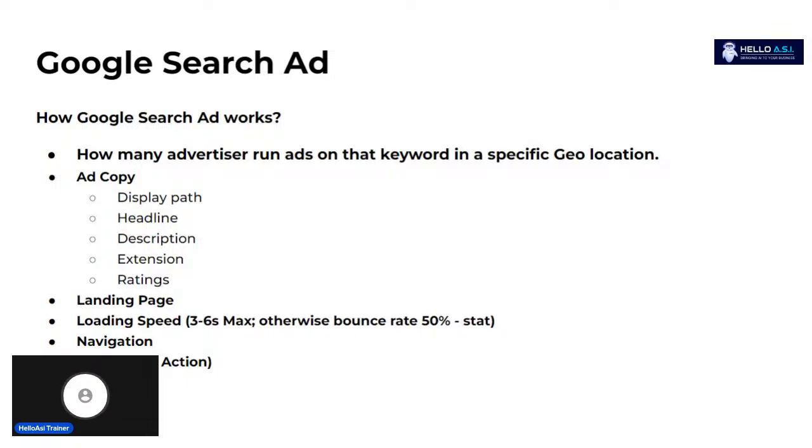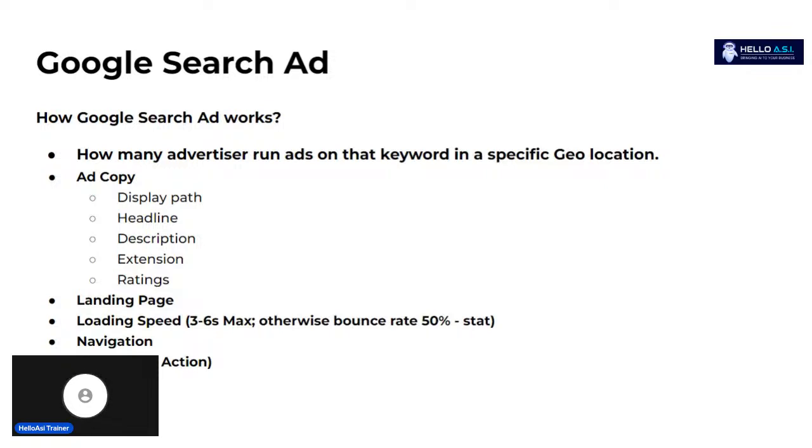So if I search it on Google, like if I search from the United States, you will see that there is a sponsored result. I searched by the keyword watch for men, and it is showing some ads.